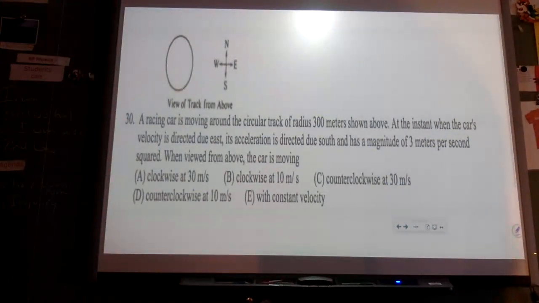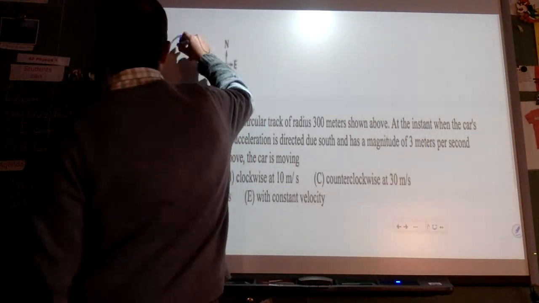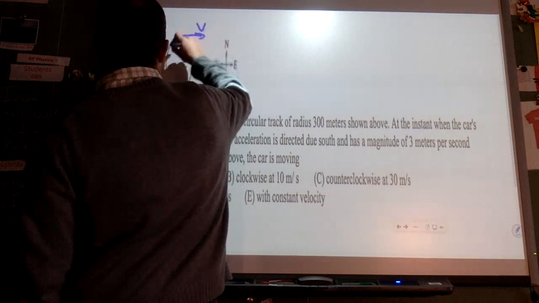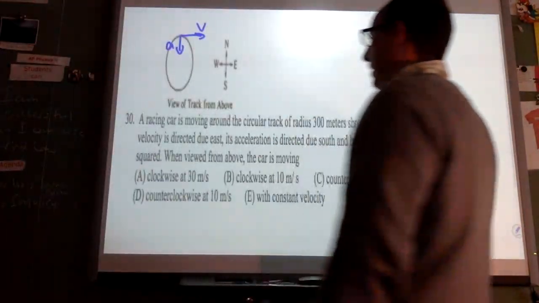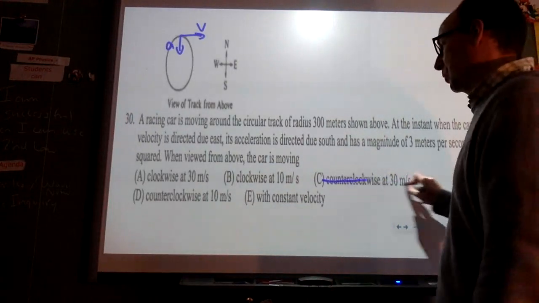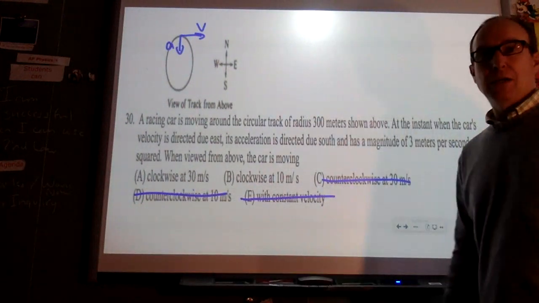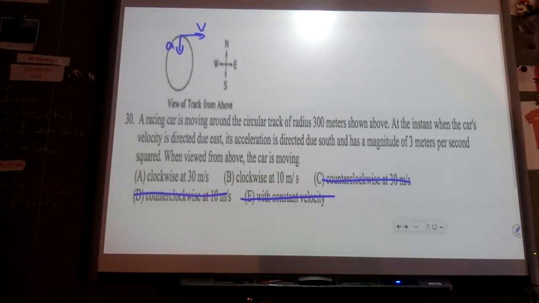A racing car is moving around a circular track of 300 meters, shown above. At the instant when the car's velocity is directed due east, its acceleration is directed south. So I know that I'm going clockwise. I can't be going at constant velocity because my direction's changing.